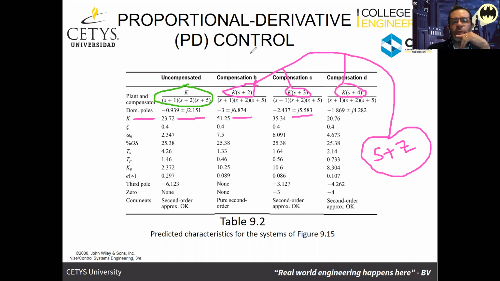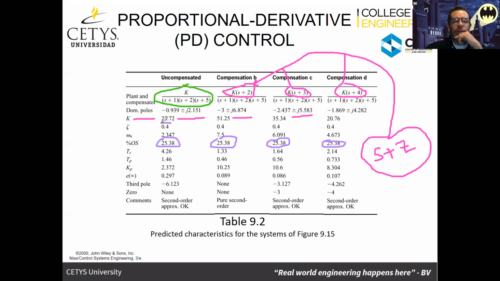Okay. What is the reference behavior that I want? The overshoot. The overshoot is what I'm looking at here, and what I'm trying to achieve. So the overshoot, I want it to be 25.38. This is the design parameter for the 3 configurations.